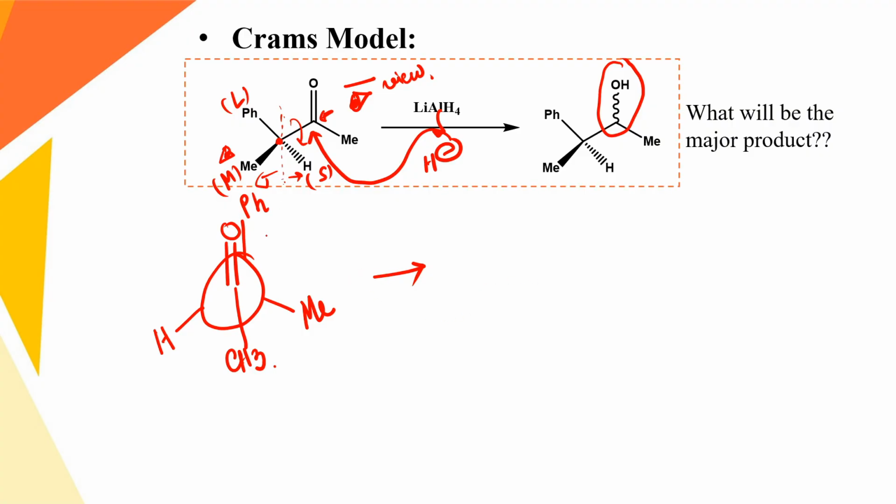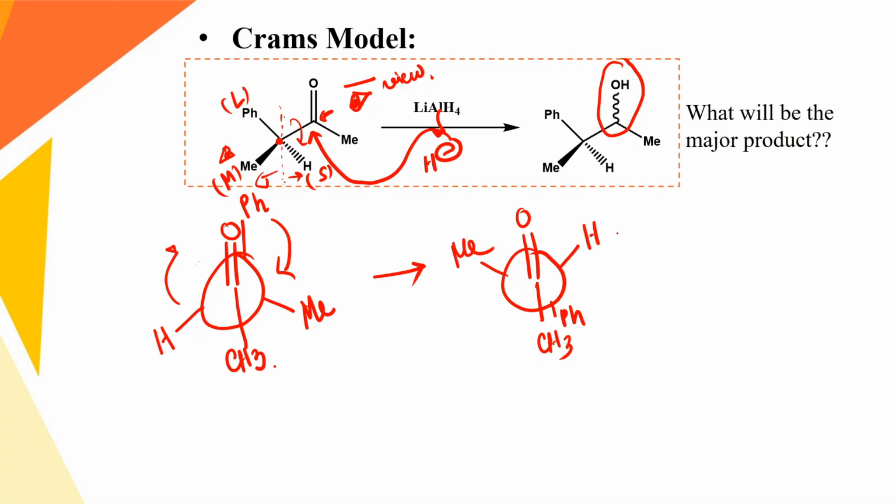So we just rotate in such a way. So we got this, our carbonyl, CH3. We got Ph here. It goes here, so that means the methyl will go here, as well as the H will go here.